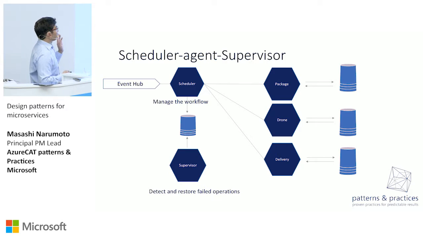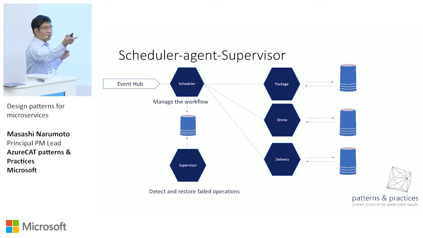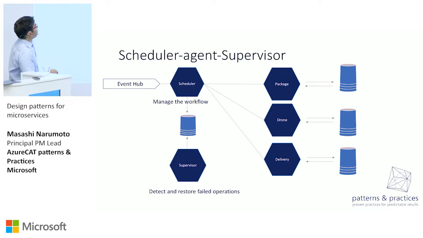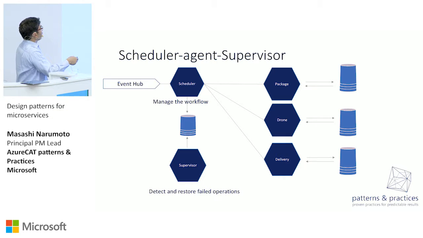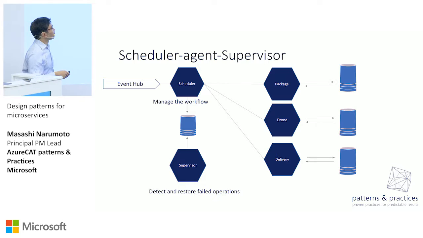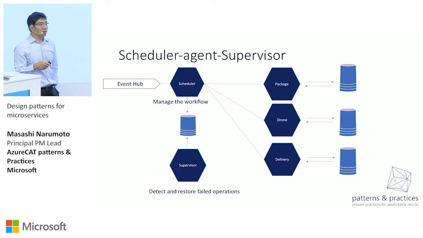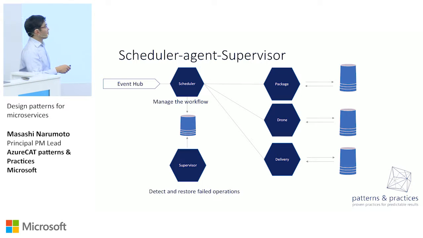Scheduler-Agent-Supervisor. This will kind of answer the question from that gentleman. So the scheduler takes care of a workflow. This is very common, right? In microservices, no single service exists alone. You have to work with other services to complete the transaction, right?